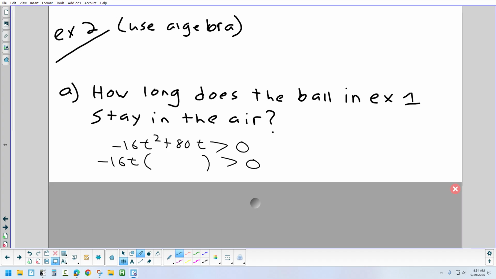Okay, what would I be left with inside the parentheses if I factor out negative 16t? Yep. T minus 5. All right, now we gotta think about that a little bit. We've got something times something, and it has to be bigger than 0. Right? What do we know about t? What kind of number does t have to be?